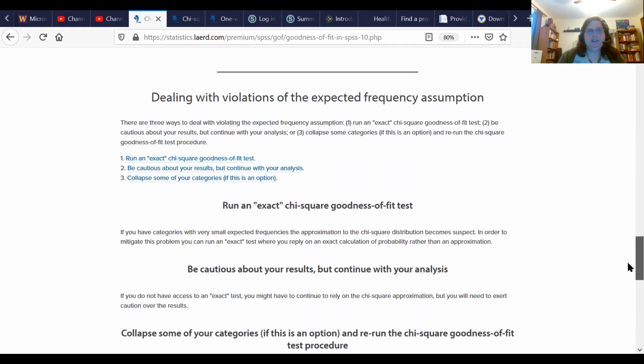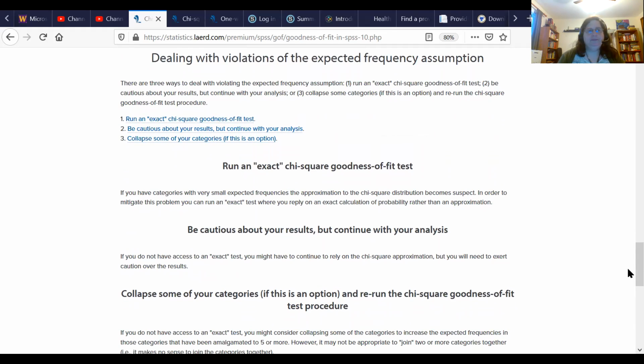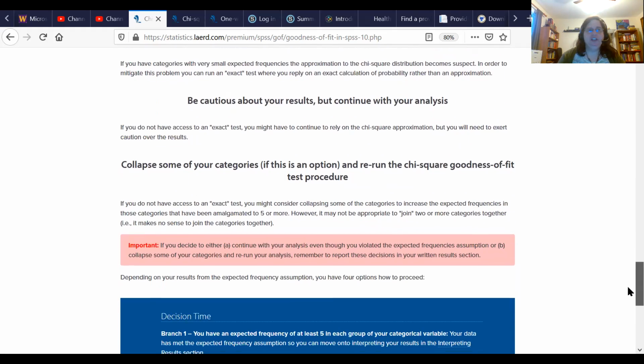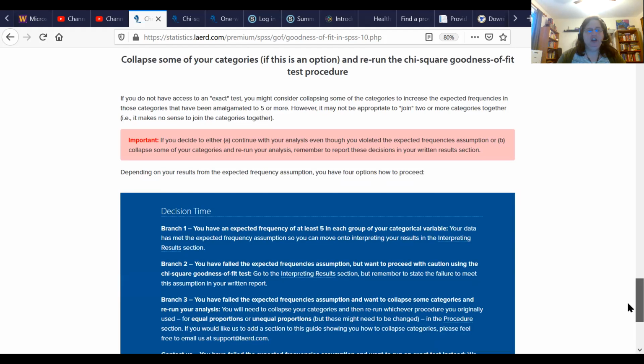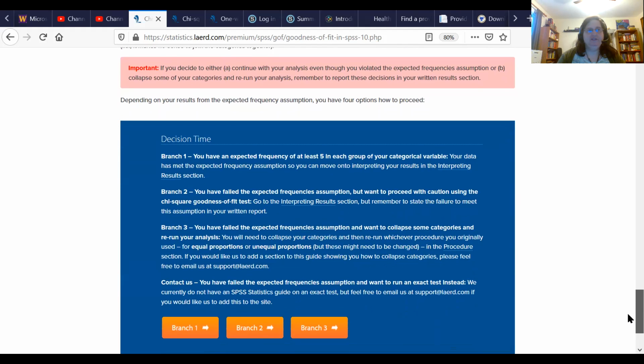All right. Now, the best way of dealing with a violation of the expected frequency assumption, in my opinion, is to run an exact chi-square goodness of fit test. However, this is not easily done with SPSS.